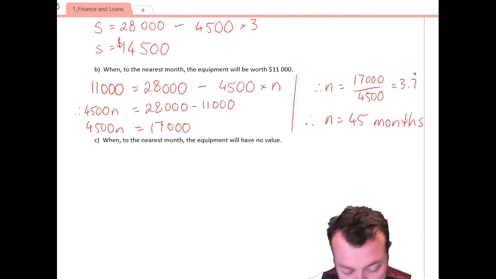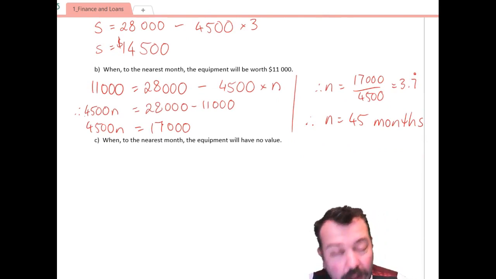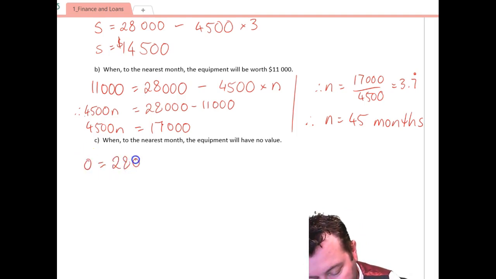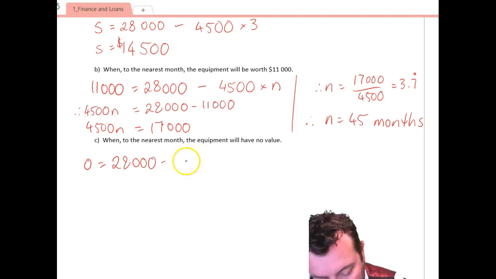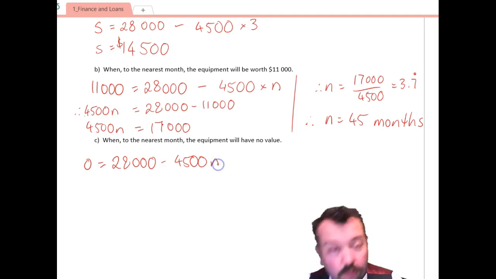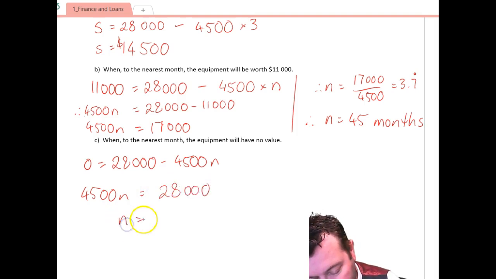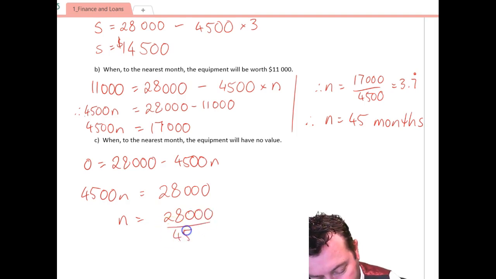Now again, when, to the nearest month, will the equipment have no value? This is an important case. My salvage value equals 0, which is 28,000 minus my rate of depreciation, 4,500 n. Rearranging this, I get 4,500 n equals 28,000. n is 28,000 over 4,500.